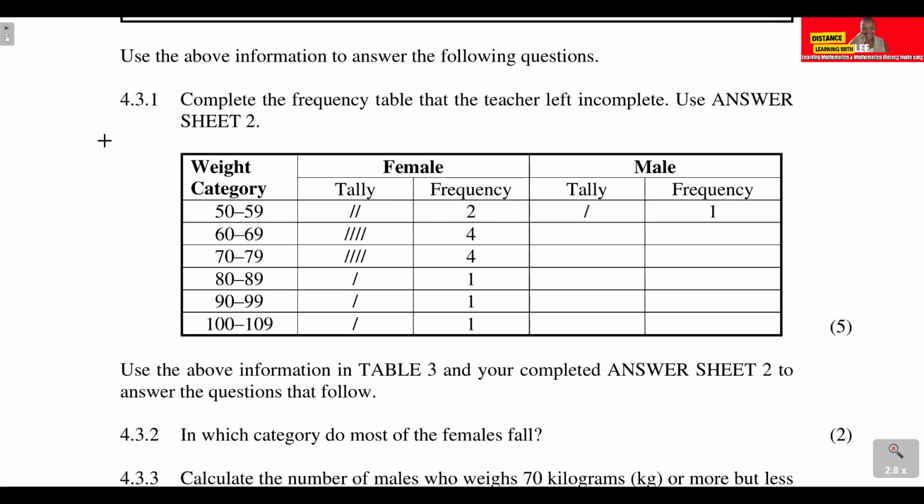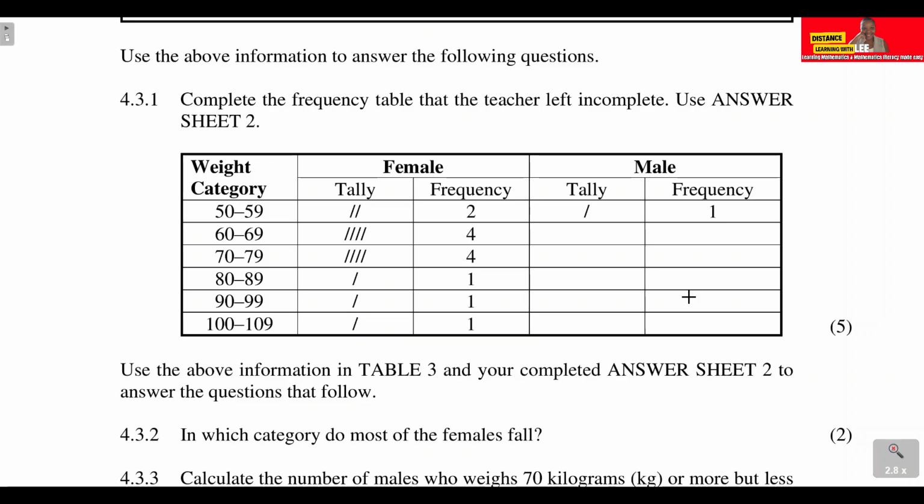Question 4.3.1 says complete the frequency table that the teacher left incomplete and use answer sheet 2. But I'm just going to fill out this frequency table here. I'm not going to use the answer sheet. Before we even get started guys, what is a frequency table? Remember when I introduced the video tutorial, I said it's a tally table.